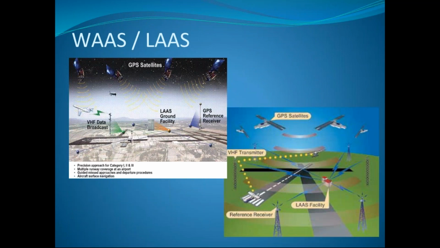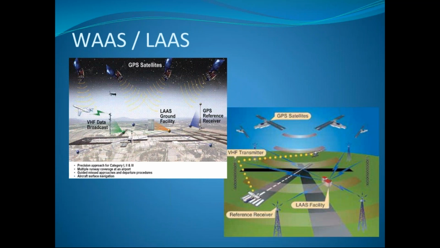WAAS and LAAS, you can see here, we've got ground-based stations, the LAAS ground facilities, GPS reference receivers, but then we also combine that with GPS satellites to give us a very, very, very accurate position.